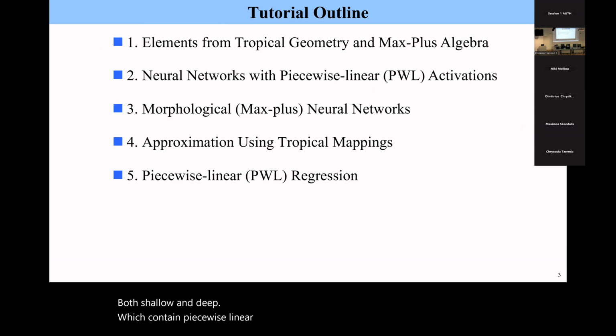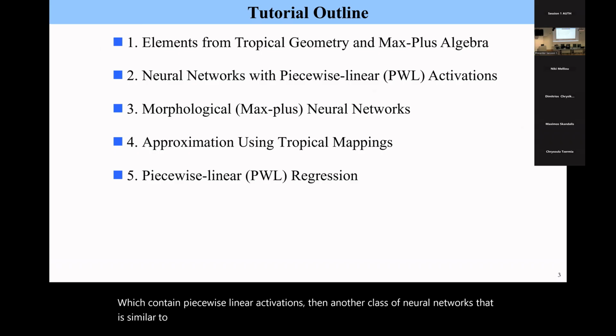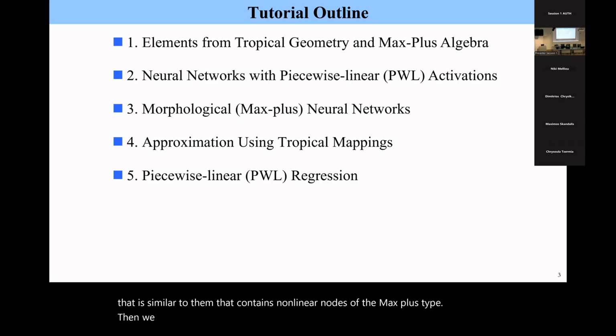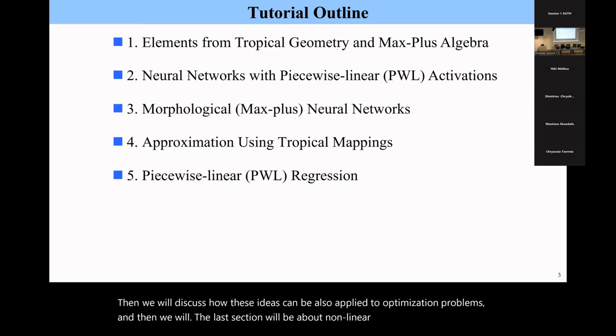Then another class of neural networks that is similar to them, that contains nonlinear nodes of the max-plus type. Then we will discuss how these ideas can also be applied to optimization problems. And the last section will be about nonlinear regression, piecewise linear regression.